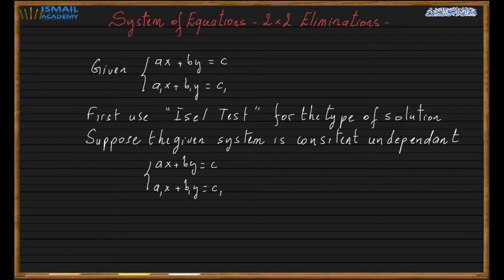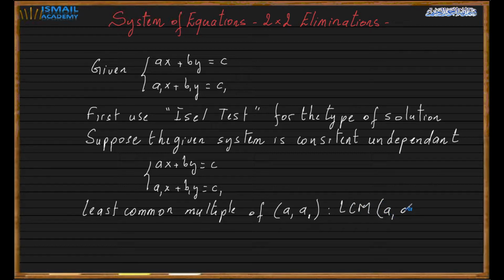So what we do to make sure that we have the same coefficient, we are going to look for the LCM, which is the least common multiple of A and A1. If you refresh your memory about 6th or 7th grade, the LCM is the least common multiple of those two numbers.